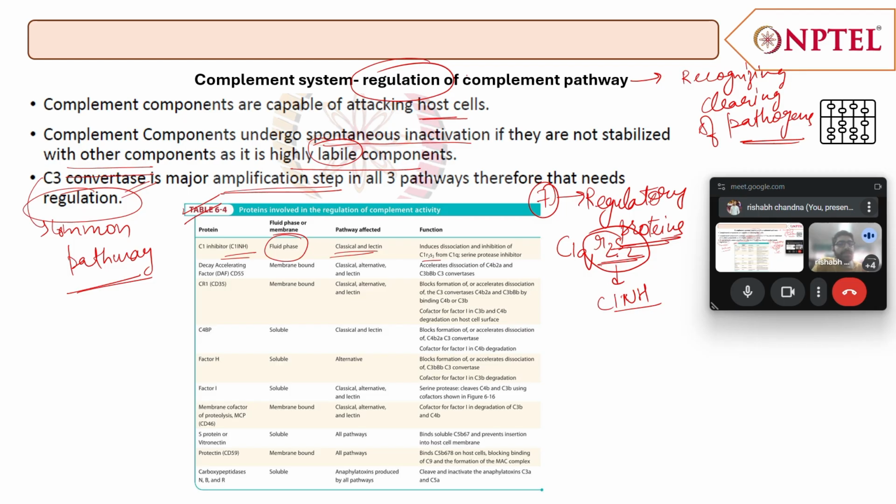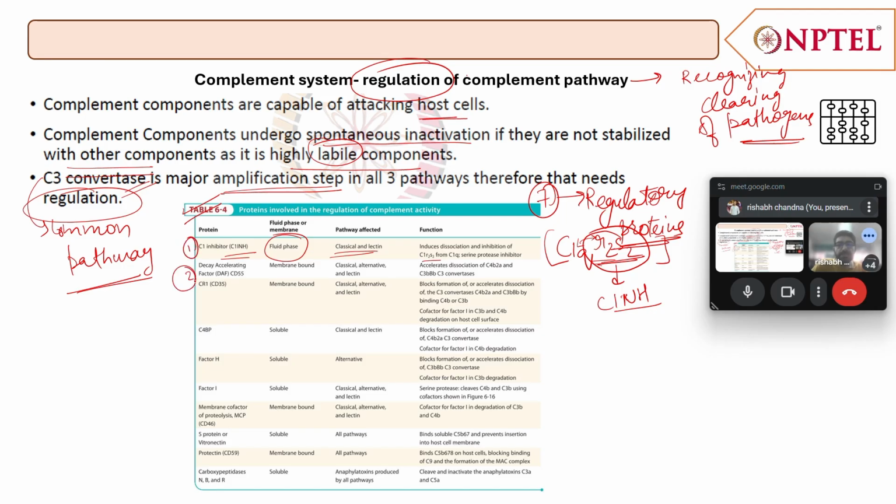So this inhibits the binding of the C1q with the R2 and S2. It dissociates C1q from R2S2 so that it remains in the inactive state. Once it is activated, it binds to the C1q, has a conformational change, and then activates itself, S2, and further the C4 and C2. Okay, so the first protein is C1 inhibitor.